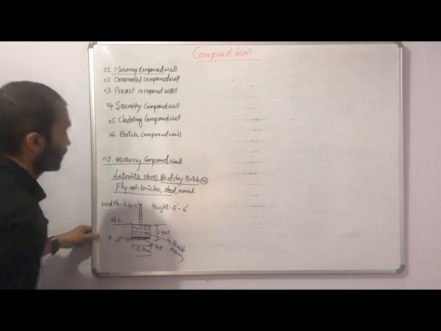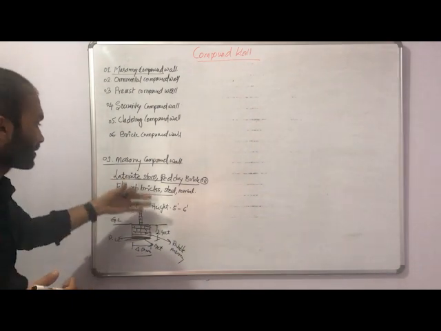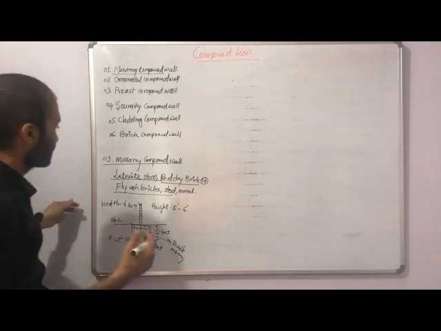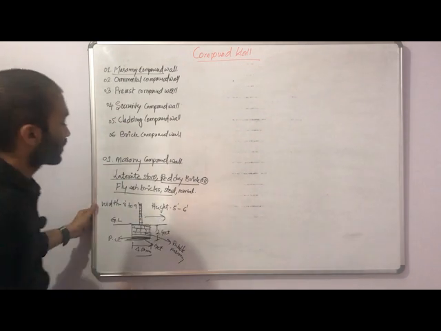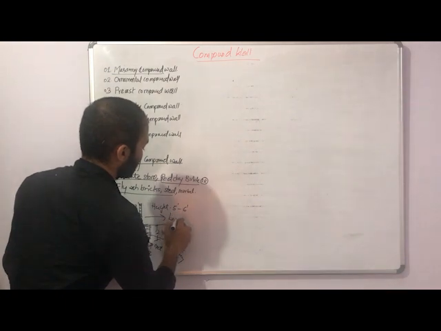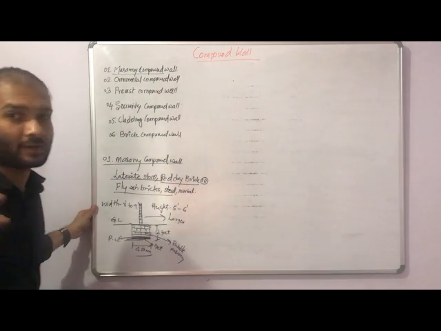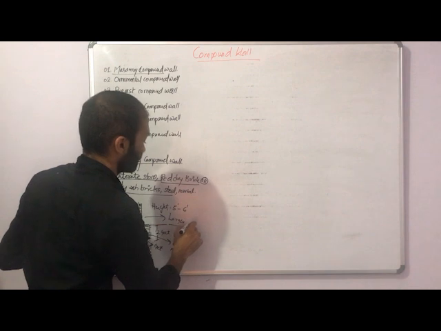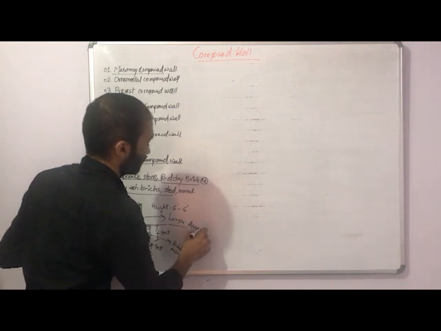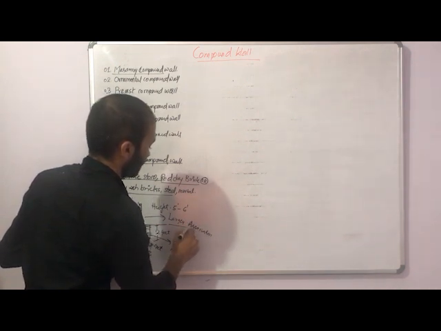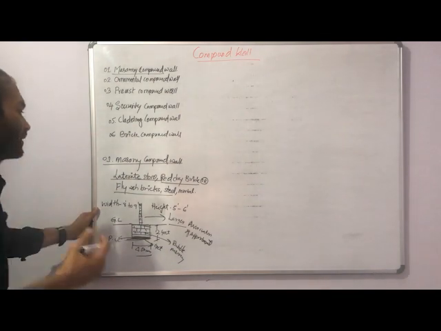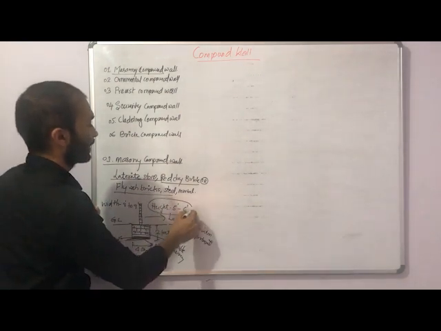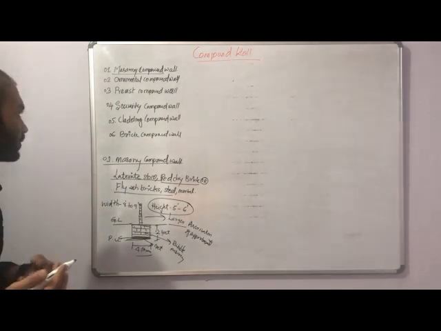You will find these kinds of masonry compound walls especially in larger associations of apartments, where you will find compound walls 5 to 6 feet in height.